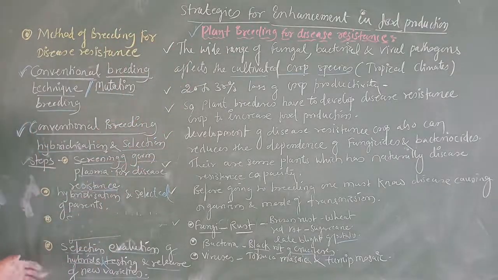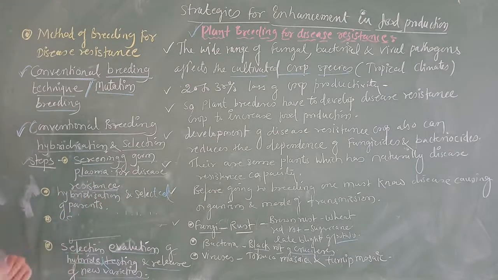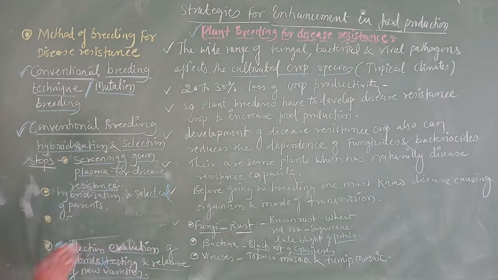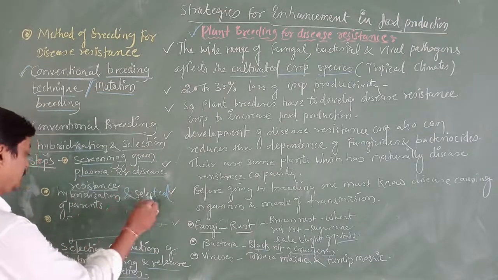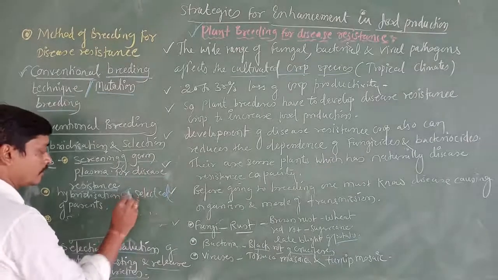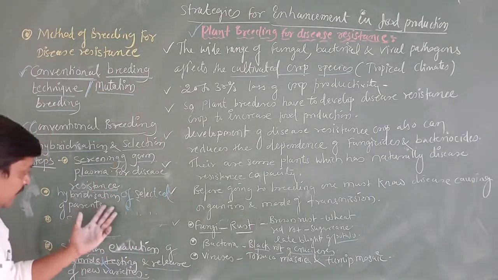First, we go for screening of germplasm for disease resistance. After that, hybridization of selected parents.